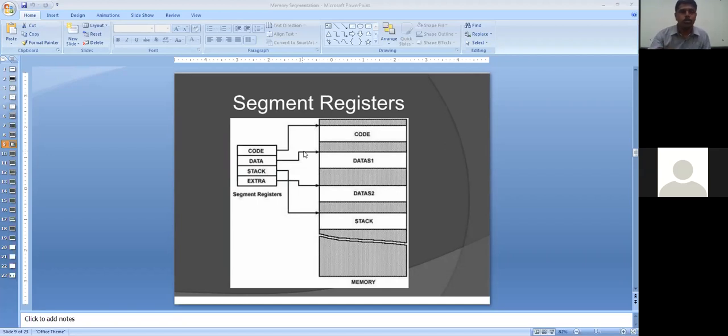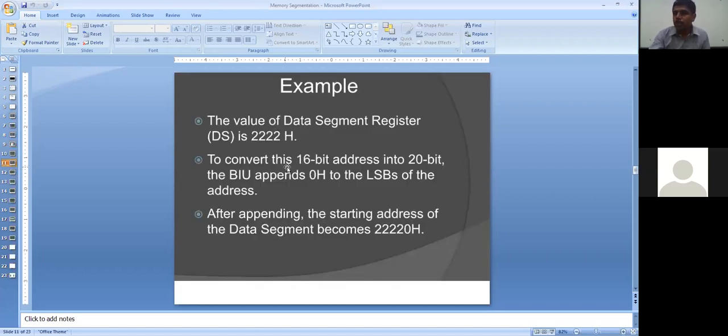To convert the 16-bit address into 20 bits, the bus interface unit appends a 0 to the LSB of the address.